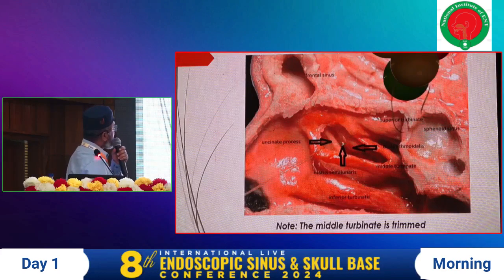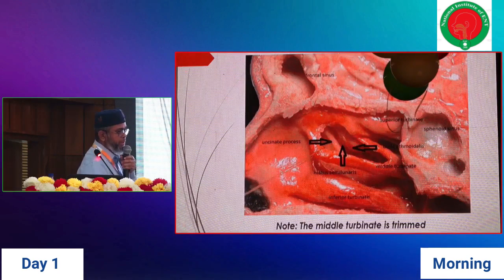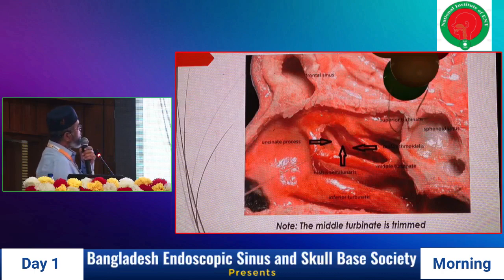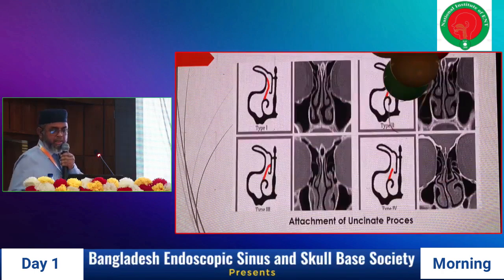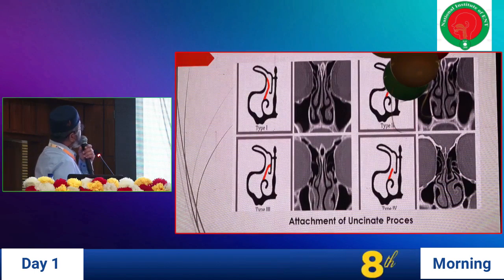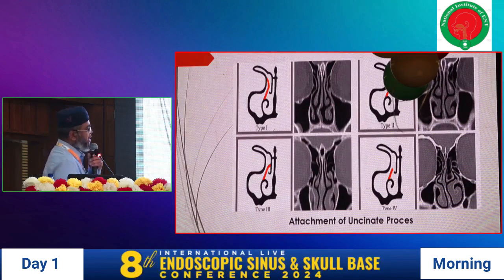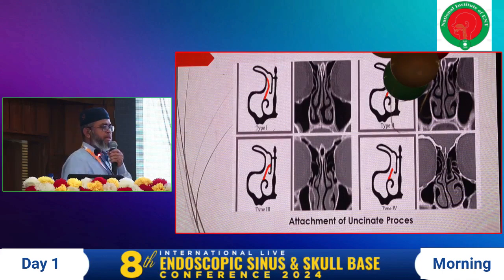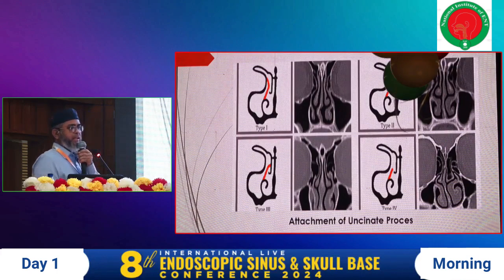The most important structure here is the uncinate process, which is a dome-shaped structure, and it is malleable. It is attached superiorly in different variations. Most commonly, it is situated in the lamina papyracea, and it is closely related with the frontal sinus recess, like the upper dome, and the recess encloses this upper dome like an eggshell in an inverted egg cup.